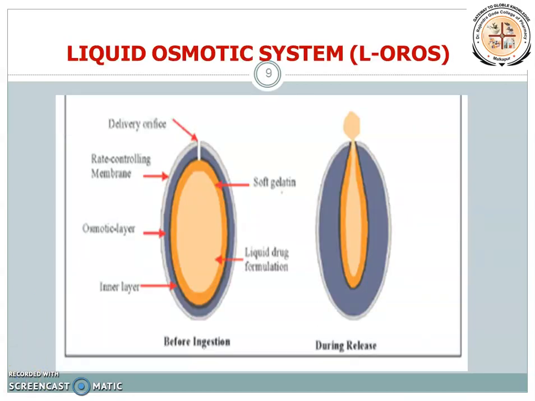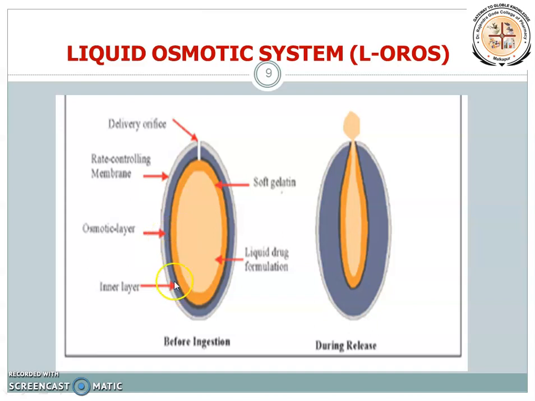Another type is the osmotic capsules. In this, the liquid formulation may be filled, that is the liquid osmotic system, the LOROS. Here the drug formulation is enclosed in the soft gelatin. Then there is a formation of an osmotic layer.